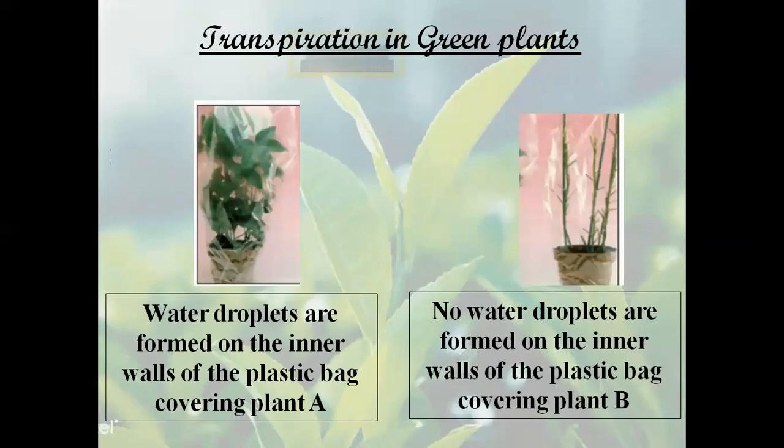We have two plants, A and B. Zahra, what is the variable factor between the plants A and B? The variable factor is always before the results. I don't have to look at the results, I have to look only at the conditions. The variable factor is the water droplet?